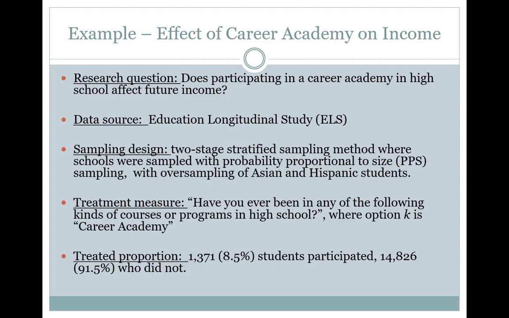In this particular data set, the proportion treated is 8.5%, which is very typical of quasi-experimental designs, where if you have a large national survey, the proportion treated tends to be substantially smaller than the proportion untreated.